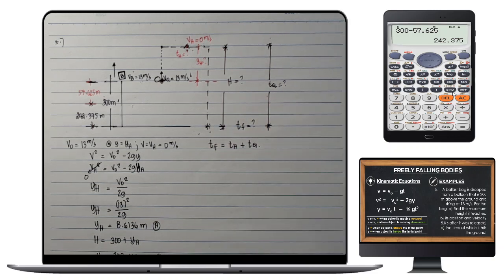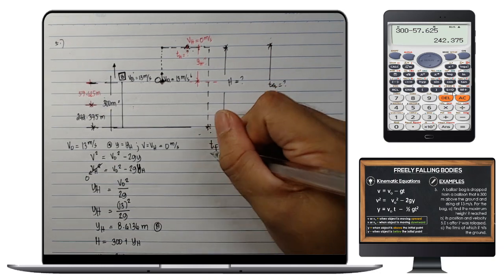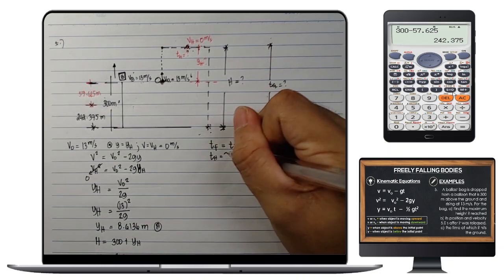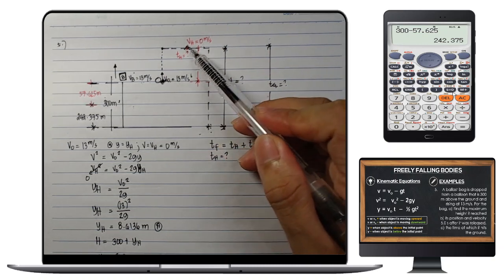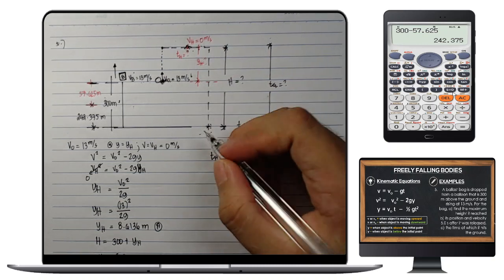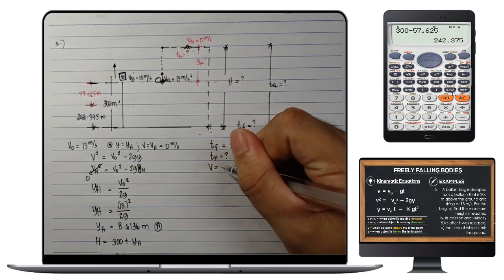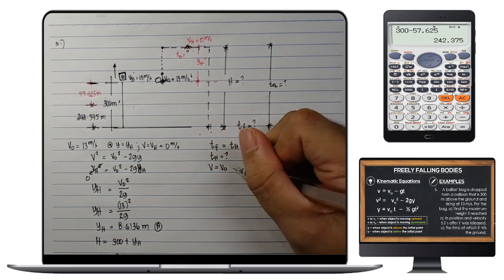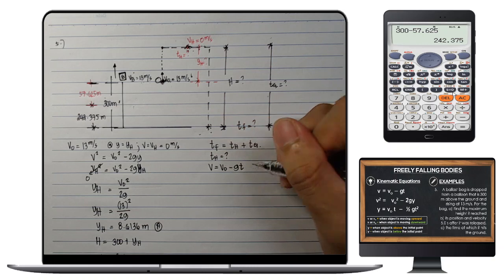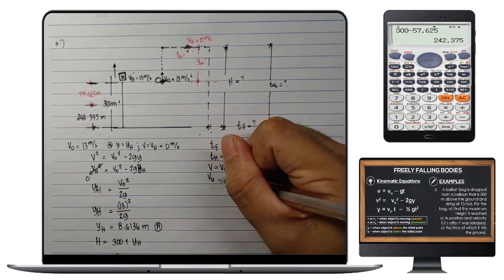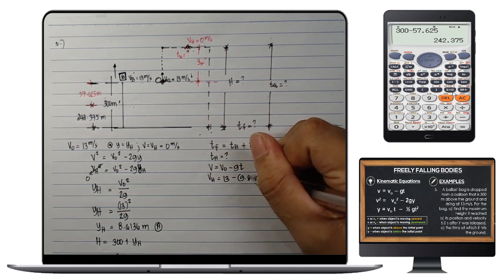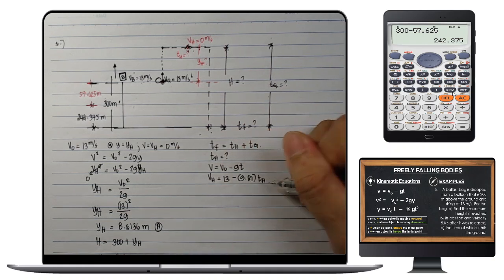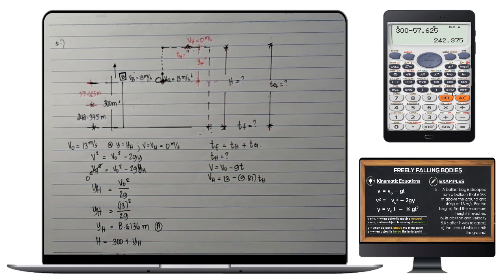So, let's find first T sub h. So, solving T sub h. So, from this point, going to the maximum height. So, using the first equation, V is equal to V0 minus GT. So, let's have it as V sub h. This is 13 minus 9.81 and this one is T sub h, considering the maximum height.